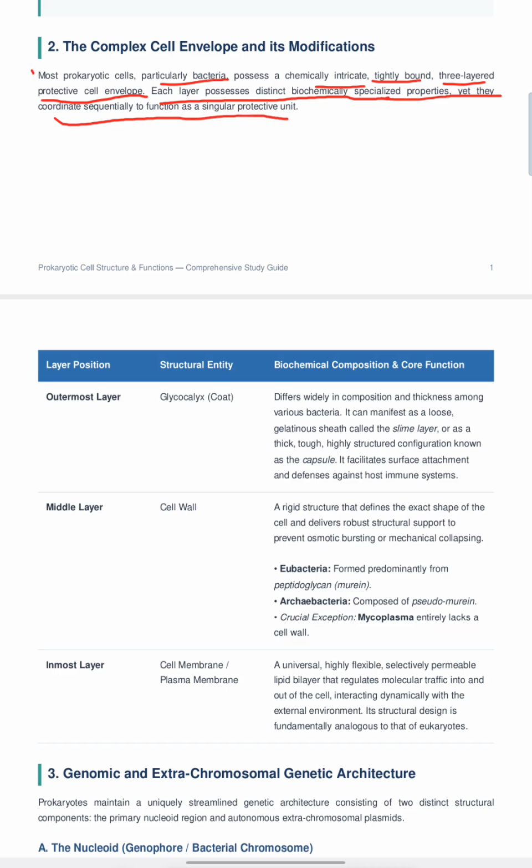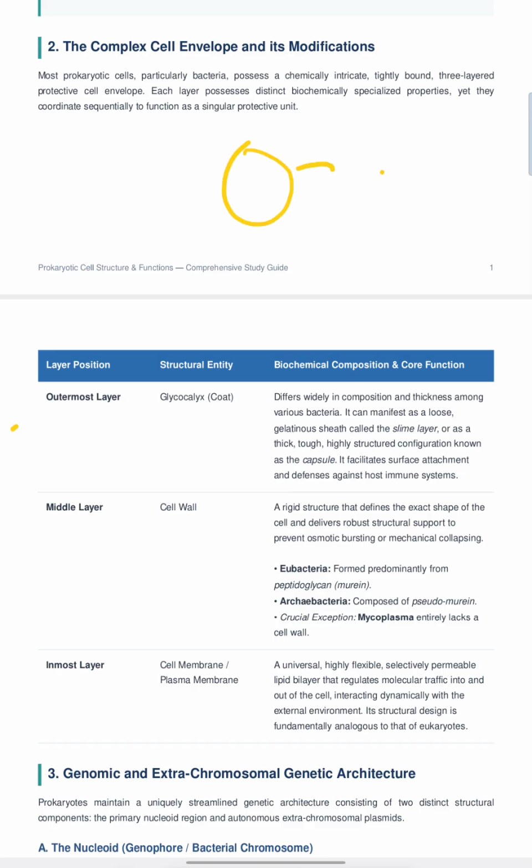Suppose this is the cell, this is the nucleus, this is the cytoplasm, and these are some ribosomes and some organelles. If this is the cell wall, this cell wall consists of a three-layer structure: glycocalyx, plasma membrane, and cell wall.